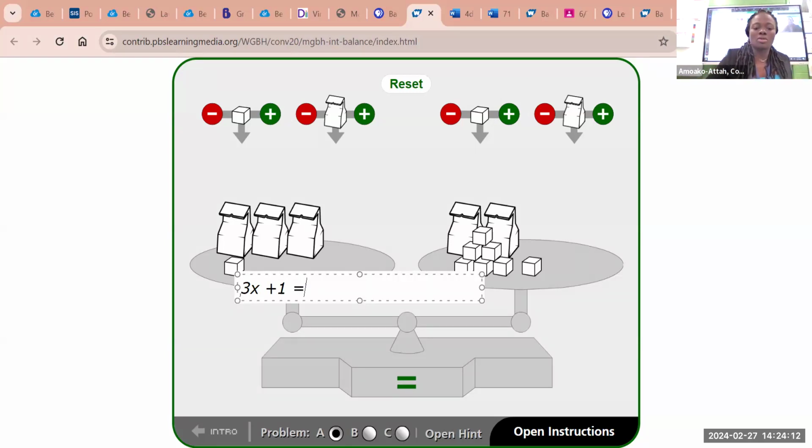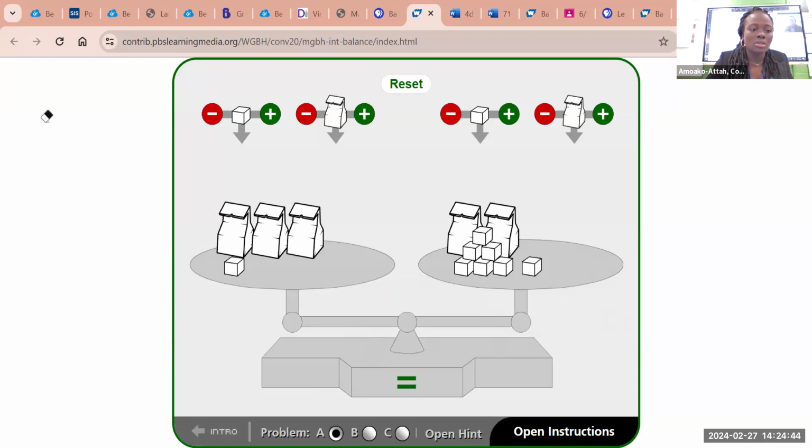On the right-hand side, we have 2 boxes, which is 2x, plus how many cubes? 7 blocks, right? So this represents the model. That is the equation representing the model. Okay, so now let's choose another one. Let's see about 2 more examples. Then I take you through how to solve the problems involved in this, right?